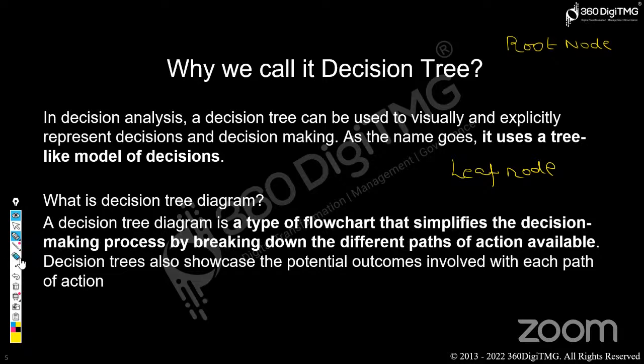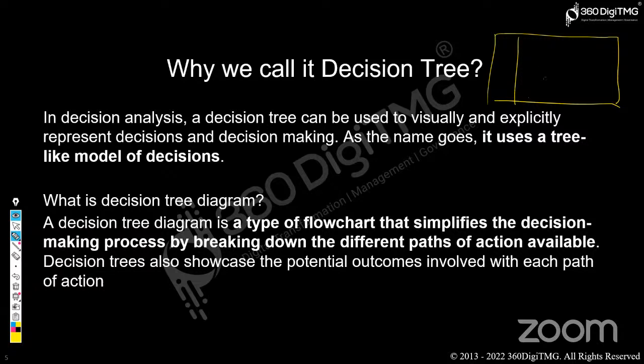So what happens is you start with your root node, which contains the complete data set. Then you find out your best attribute. If you have this data set, this is a $1 million question. Say this is your input 1, input 2, input 3, input 4, and this is your output.